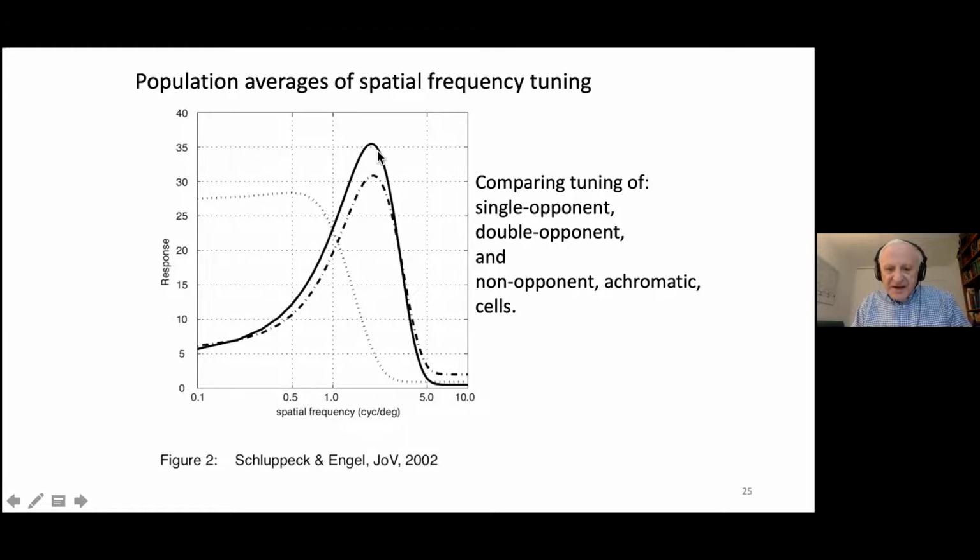For non-opponent cells, that's a solid curve, double opponent cells, that's the dashed dot curve, and single opponent cells, that's the dashed curve. The single opponent cells are low pass, and they tend to cut off at fairly low frequency. And the double opponent cells actually have very similar spatial tuning to the non-opponent cells that are not color selective at all. This is a feature that we exploit later in the human work, that they respond to different spatial frequency domains, as it were.